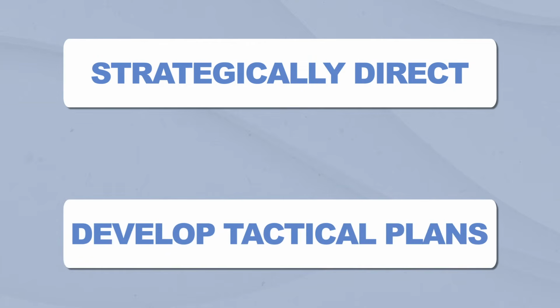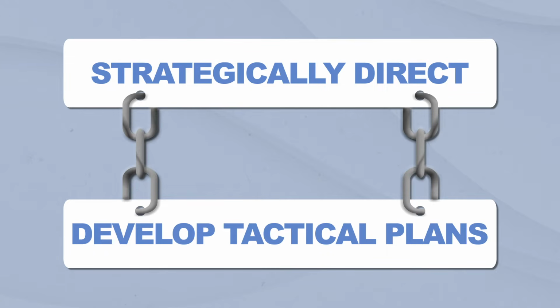The second important takeaway is the use of the phrase strategically direct. In some definitions, you will also see the phrase develop tactical plans and strategically direct. But both of these are important since S&OP should be the process where these two concepts come together. Strategic direction is important as it involves higher level strategies such as product development, market penetration, product rationalization, and market growth.